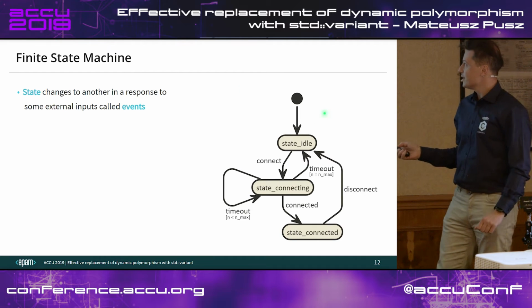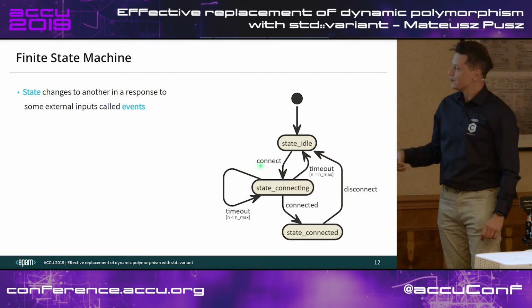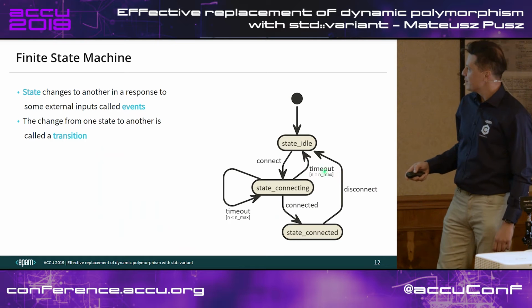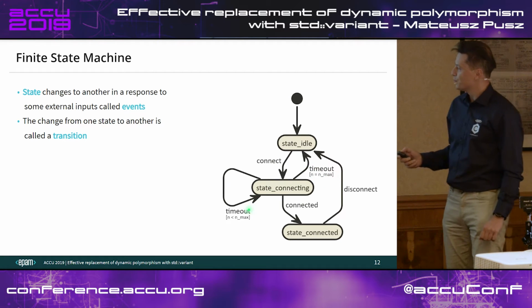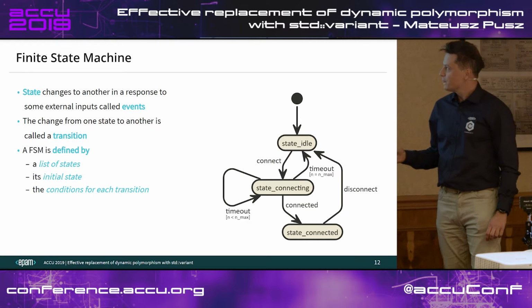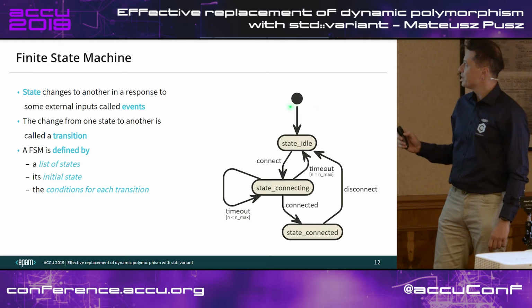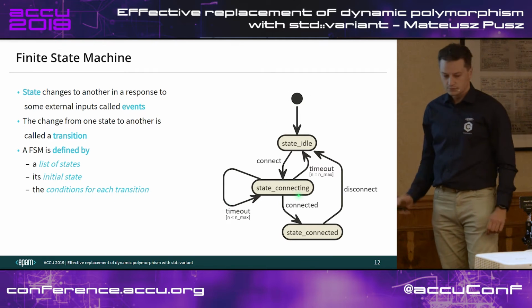It has states like idle, connecting, connected. It has events that trigger transitions between states. And you can see that some events have predicates in order to be fired. A finite state machine is defined as a list of states, an initial state, marked with this dot here, and conditions for each transition.